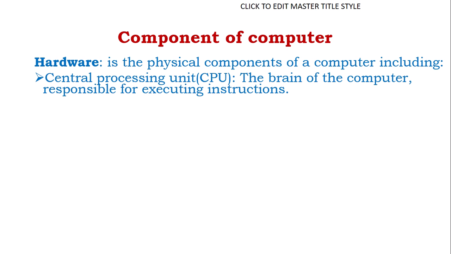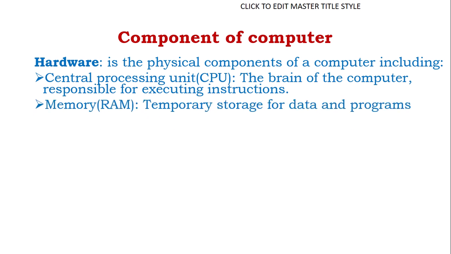It tells the computer what to do and what not to do, depending on what you're typing. It gives instructions to the computer. And remember, the hardware are the tangible components of a computer. You can touch it, you can feel it.